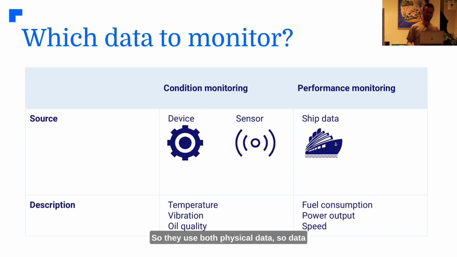They use physical data, so data that is acquired by sensors in the devices, and those sensors measure things like the temperature, the vibrations, the oil quality, but also performance data, like how fast a ship is still able to go, how much fuel it consumes, how much is the power output of your engines, and that data can then be used to make predictions of which parts will break down when, and then you can do more predictive and preventive maintenance.